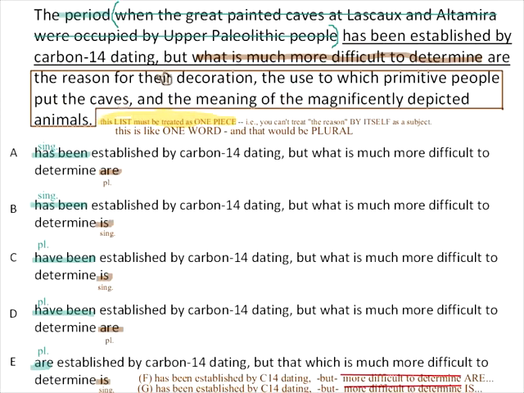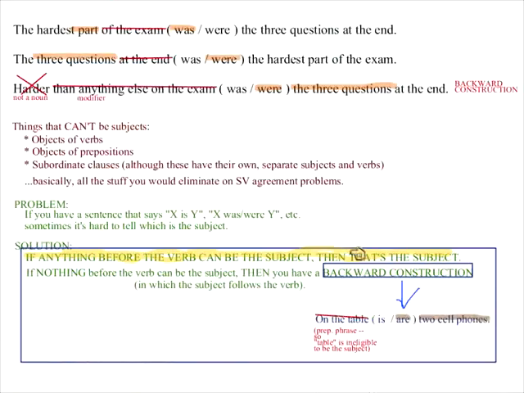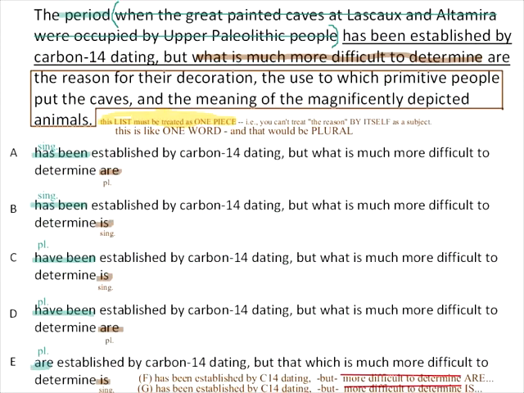Like it is impossible to treat this as singular. So you cannot say on the table is two cell phones because two cell phones is plural. And for the same reason, you also cannot say more difficult to determine is this stuff. That would be incorrect because this stuff is plural. So in this example, F would be also acceptable, and G would be unacceptable.